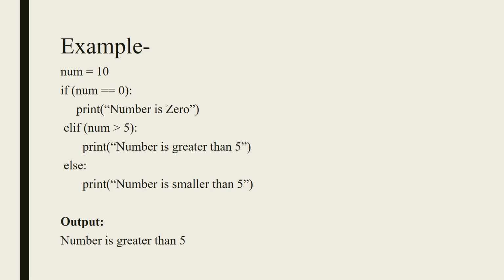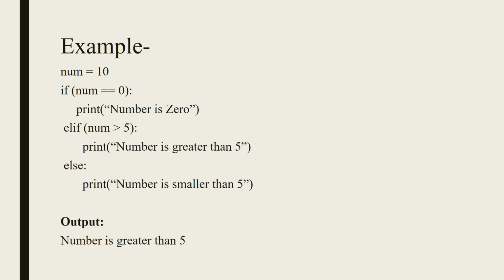This is a simple example of an elif statement. So we are using it to check if a number is greater than 5 or not. So for this we are declaring a variable num and assigning the value as 10. We are using the if statement to check if the number is equal to 0. If it is 0, then we get the output as number is 0.